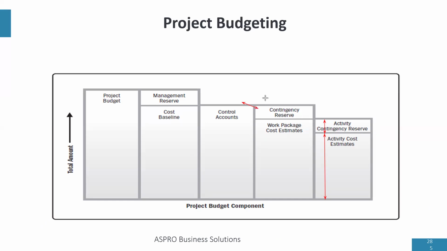Now, when you add up all the activity contingency reserves in your project, it gives us the full contingency reserve for the project.